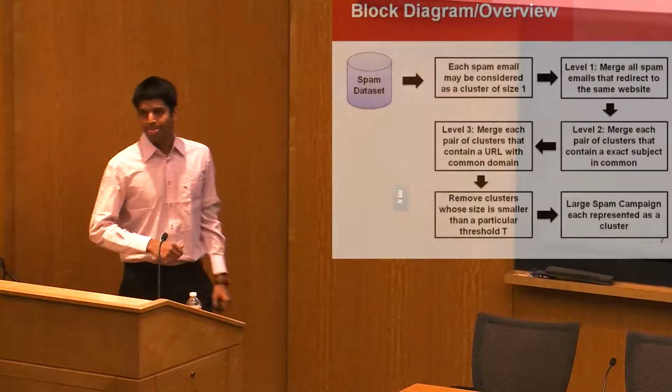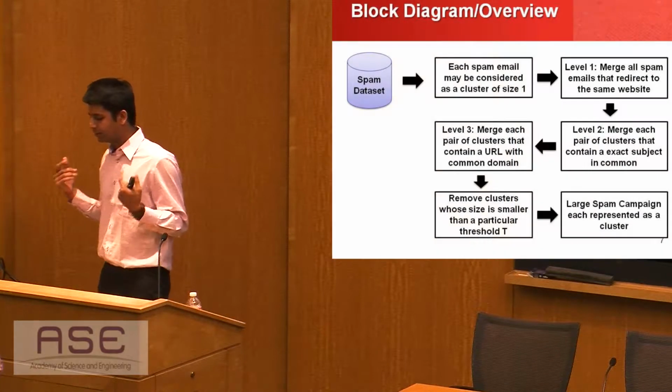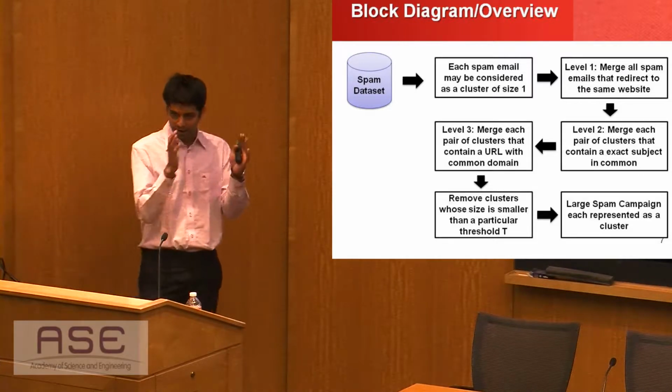In level 2, the rest of the spam emails are considered based on their subject. We do exact subject matching in level 2, then we form level 2 clusters. In level 3, we extract the given URL, which has different subdomains.